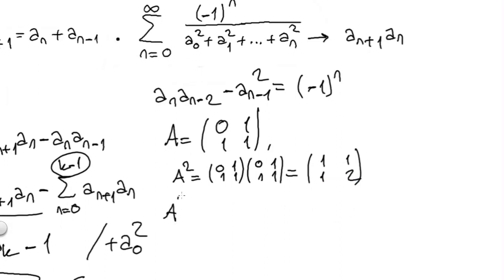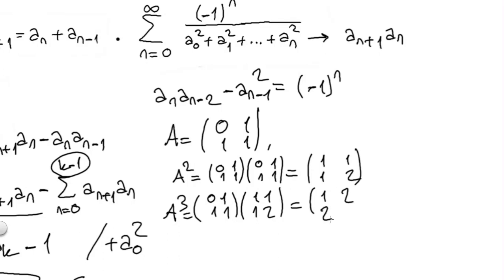And A cubed is going to be this thing, 0, 1, 1, 1 times 1, 1, 1, 2. So this is 0 times 1 plus 1 times 1, which is 1, and from this I will get again 2, this will also be 2, and this will be 1 plus 2, which is 3.